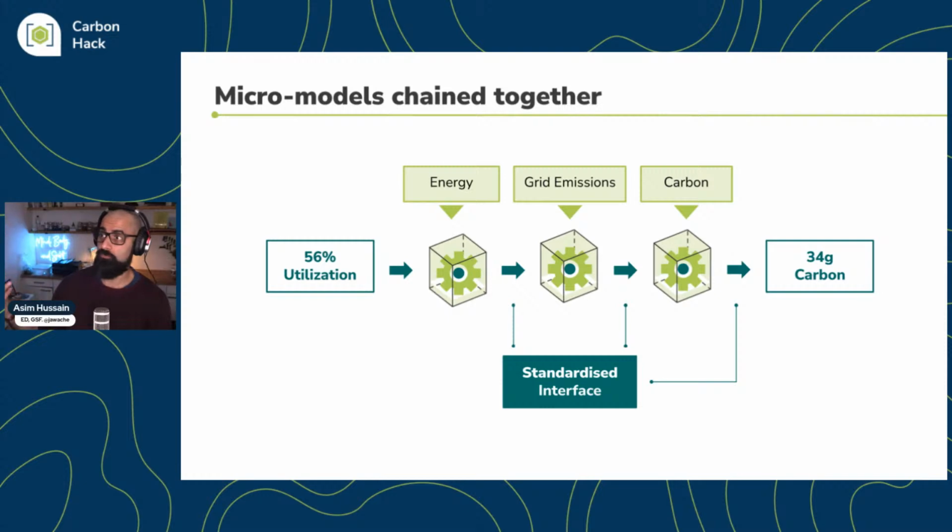There are question marks over whether you use the average emissions from the grid or the marginal. Are you using a yearly average? Are you using something specific for that region and that time? By not having a monolith and having lots of smaller models chained together, you can choose whatever methodology you want to use for grid emissions.